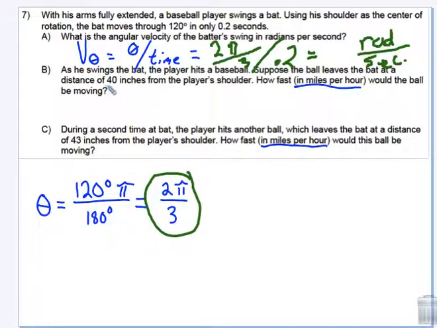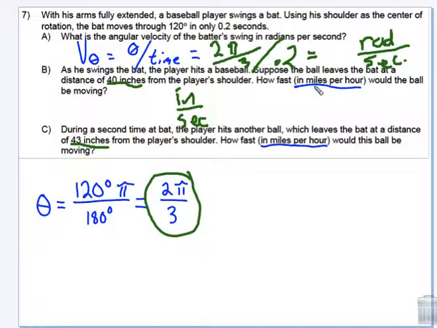Then you need to find the linear velocity when the radius is 40 inches and then when the radius is 43 inches. You will get different numbers here because you have different radius values. Once you find that, you'll have your answer in inches per second.